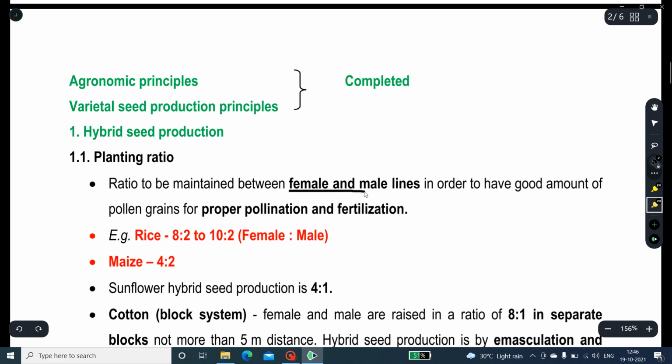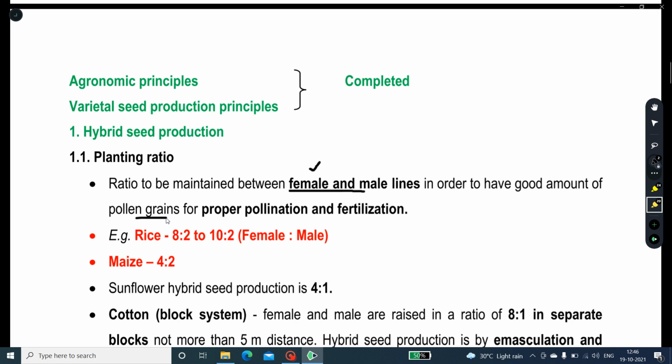The female ratio should be higher because it gives us grain or seed. Female and male lines are needed in order to have a good amount of pollen grains for proper pollination and fertilization. So the planting ratio recommended for a particular species should be followed.